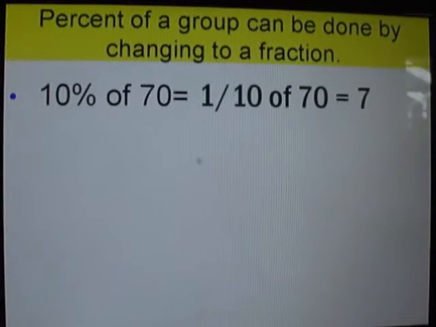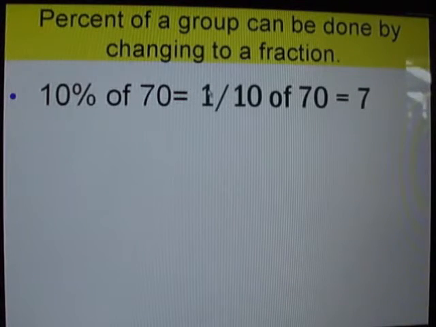Okay, well, the first thing we'd want to do is change 10% to a fraction, because we know how to find fractions of groups. So 10 100ths simplified becomes 1/10, and 1/10 of 70 is 7. Remember how we did that? We would split up the 70 into 10 equal parts by dividing it by 10, and so that would make each tenth the value of 7.